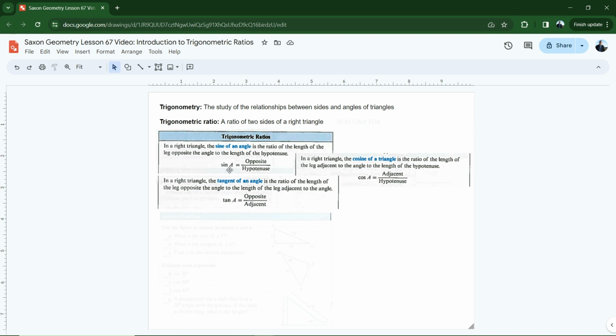I'm not going to talk about it for a whole lot, but if I have a 22-degree angle on a right triangle, that means that my third angle has to be 68 degrees. But it doesn't matter. We're looking at the 22-degree angle. Okay. That there is going to be a side of the triangle that's opposite from that 22-degree angle. And then that right triangle is also going to have a hypotenuse.